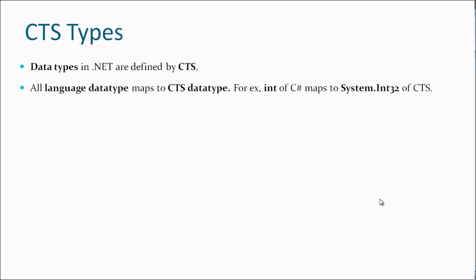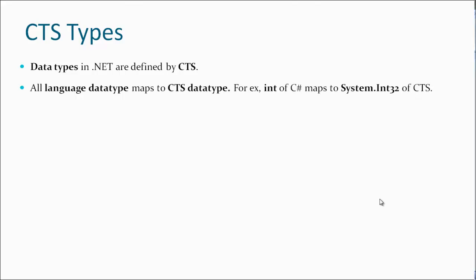Now with the basic understanding of variables, it's the right time to understand the different data types available in .NET. We know that in .NET all data types are defined by CTS, and the same need to be used in all .NET languages. Every language has mapped these data types with different names.